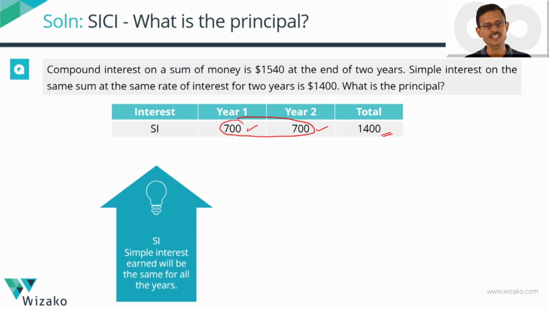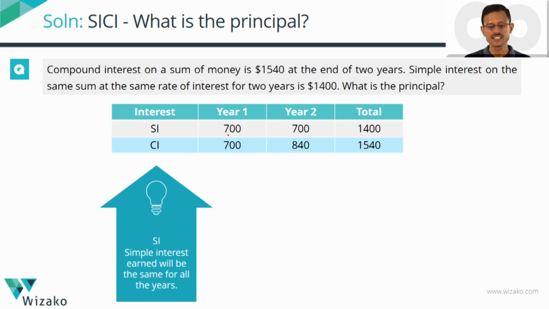Unless the question states otherwise, the default compounding period is 1 year. So during the first year, simple interest or compound interest, the interest earned is going to be the same. Any difference would have come through only in the second year. So the compound interest for the first year is going to be the same as the simple interest for the first year. That is not going to change.